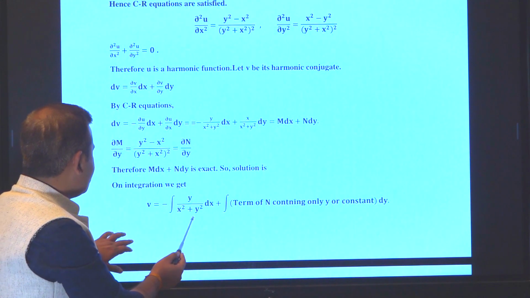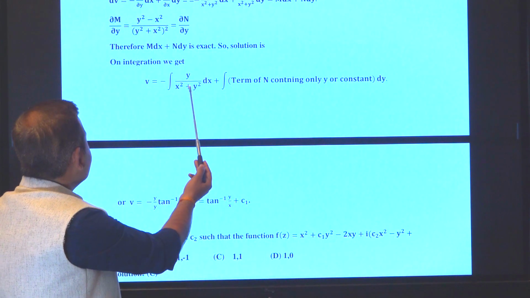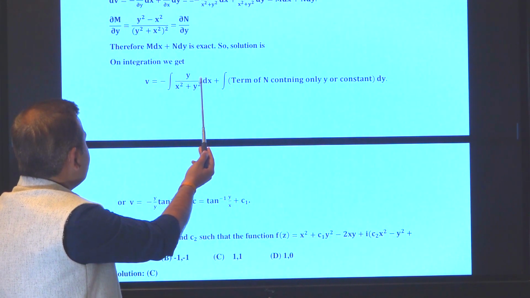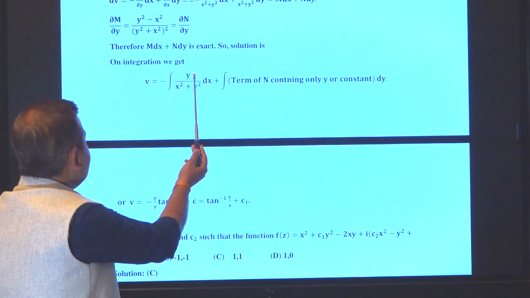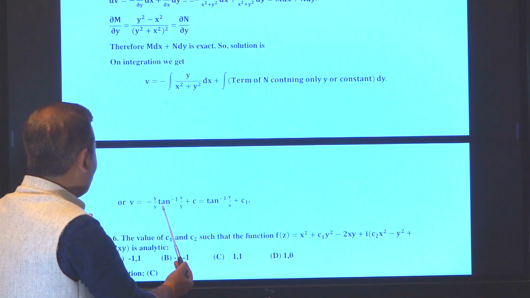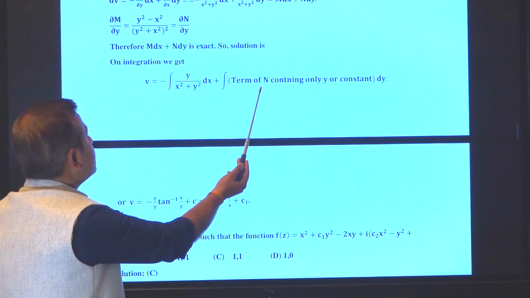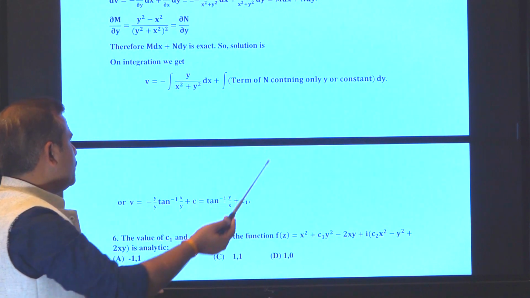Here we substitute the value of M. So v equals the integral of −y dx divided by x² + y², with y outside because the integration is with respect to dx, and the integral takes the form (1/y) tan inverse (x/y). The term of N containing only y, or constant term, is nothing, that is 0.